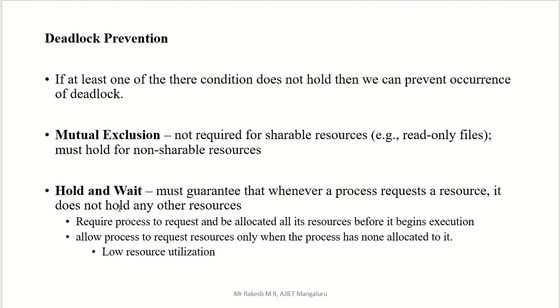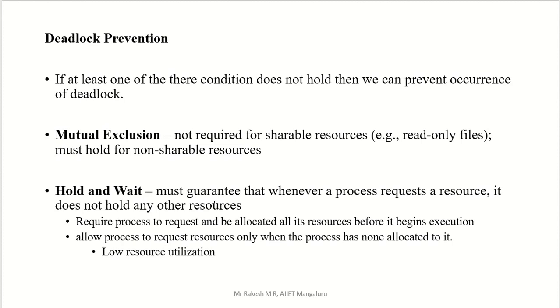Second thing, hold and wait. As I told in the previous slides, it means holding one resource and waiting for another resource. There is a chance of deadlock when you have hold and wait. So how to avoid this? We must guarantee that whenever a process requests a resource, it does not hold any other resource.